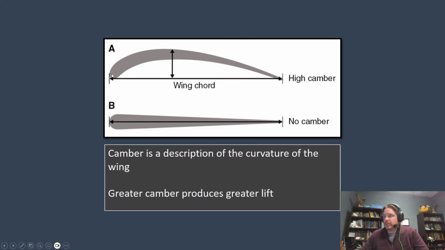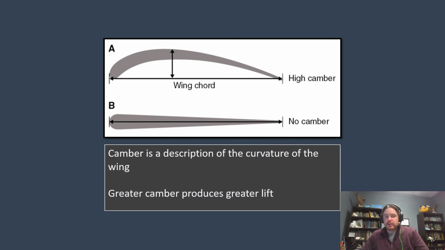You could have a very arced wing like this, or you could have a very flat wing that has no camber at all. The more camber you have, the more arc you have, the more lift you can produce. There obviously is some optimal balance between camber and no camber or extreme camber. There's a middle ground that is an efficient and appropriate point of camber.